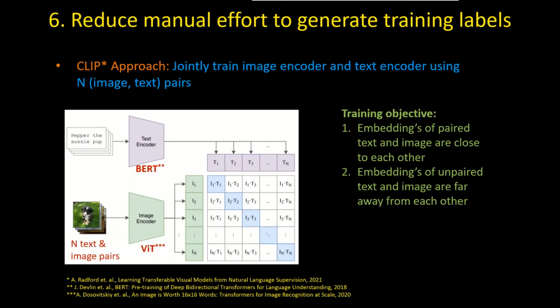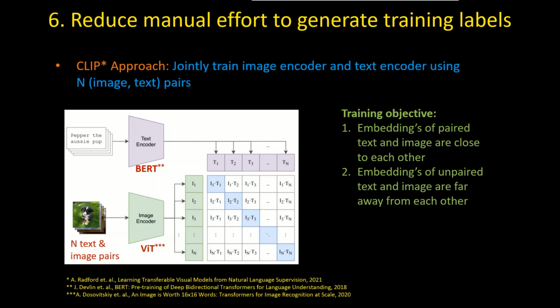CLIP jointly trains an image encoder and a text encoder to predict correct pairings of a batch of image-text training examples. To do this, CLIP learns a multimodal embedding space by jointly training the image encoder and the text encoder to maximize the cosine similarity of image and text embeddings of real pairs in the batch, while minimizing the cosine similarity of embeddings of incorrect pairings.